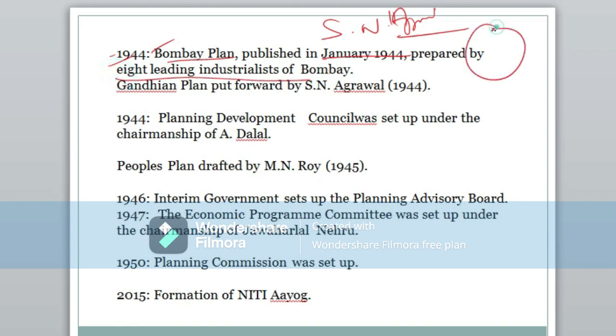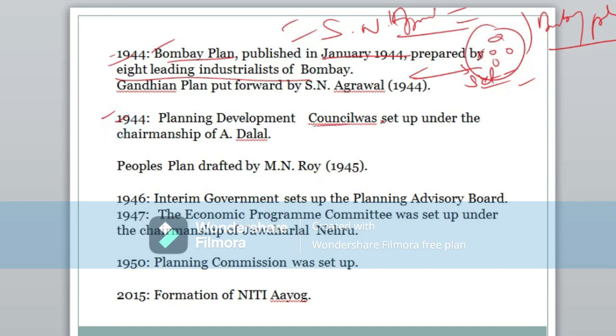There was a core meeting of 8 industrialists who proposed a holistic growth and development, leading to a rise in the economic sector and the setup of new industries in India. That plan was called the Bombay Plan. Who led it? It was led by S.N. Agrawal. Now the next plan is the 1944 planning development, and there was the establishment of the Planning Development Council.